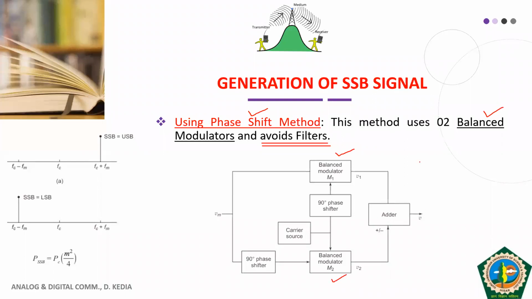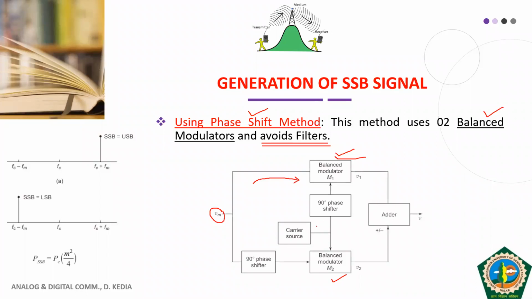I have shown you the block diagram of the phase shift method. First, we will have a brief look at the block diagram, and then mathematically we will prove the operation of the phase shift method. Fine. You can see here that we have balanced modulator 1. At its input we have the modulating signal directly.